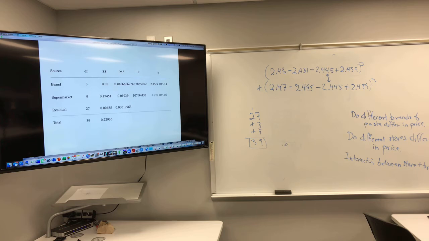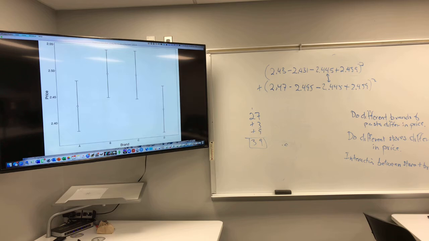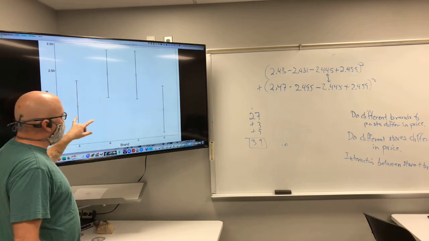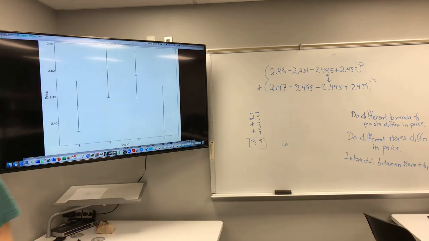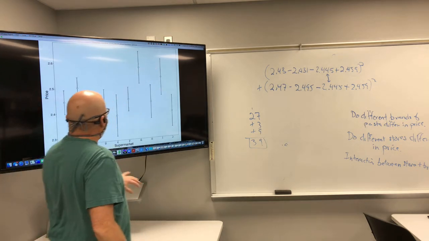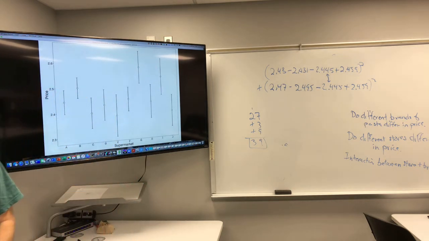You can tell that brand B and C are generally more expensive than brand A and D. So if you know what brands these are, you know which brands are cheaper. It also tells you that some stores are more expensive than other stores are. So there's variation from store to store for this particular product.